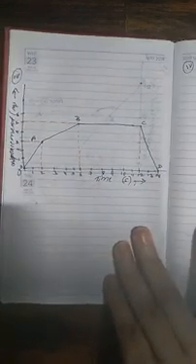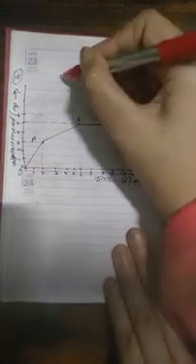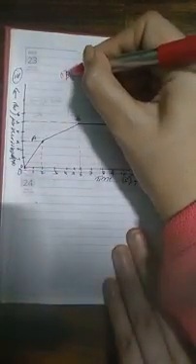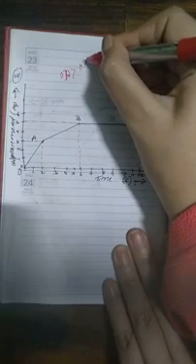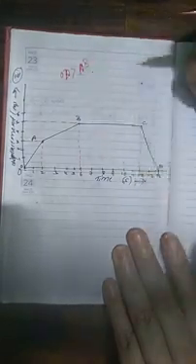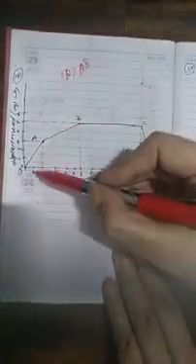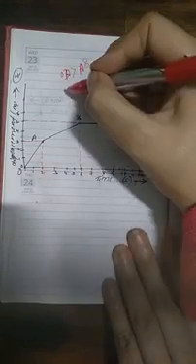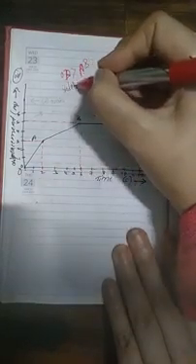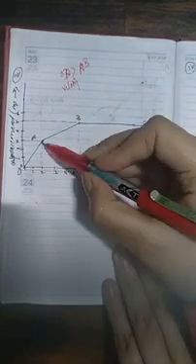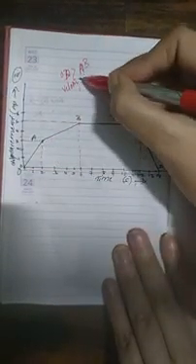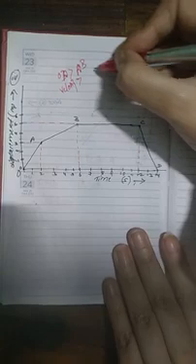Now if you look at this graph, the slope of OA is greater than the slope of AB. So when the slope becomes greater, I have told you velocity at OA is greater than the velocity at AB.